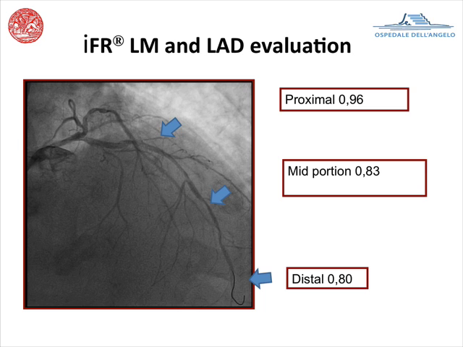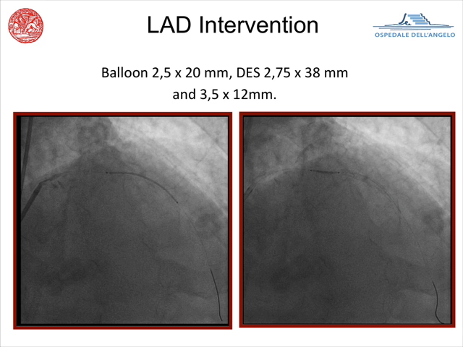iFR was 0.96 in the proximal LAD, 0.83 in the mid portion, and 0.80 in the distal part. Guided by iFR assessment, we stented the mid portion of the LAD with DES.